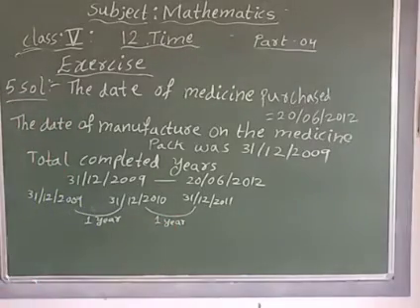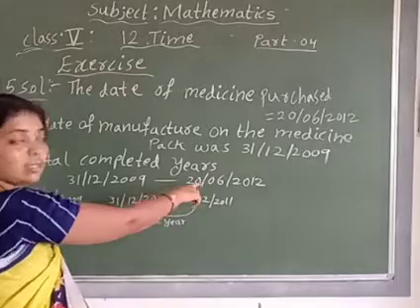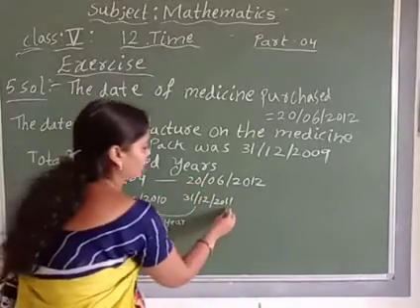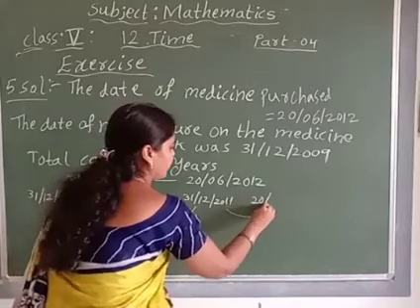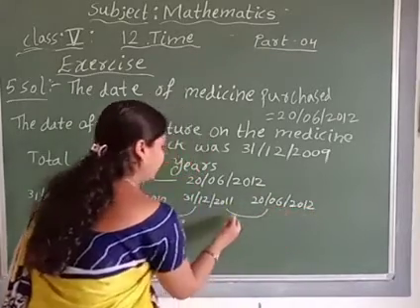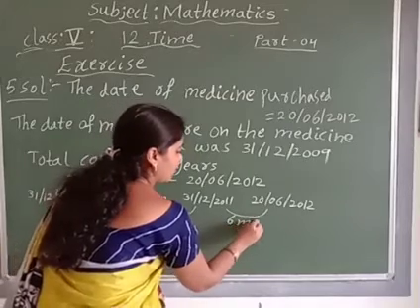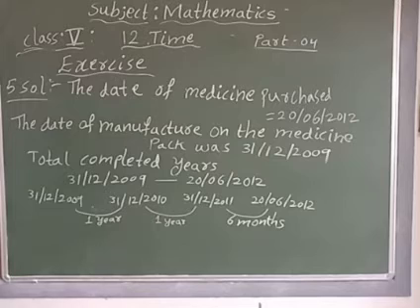So here 26/2012, from the 12th month to the 6th month only, not 12 months here. So here it is 6 months only. So total how many years will be completed?